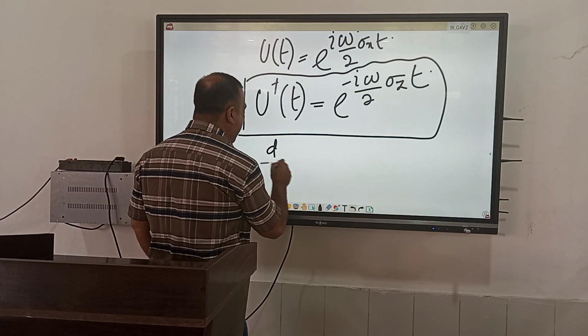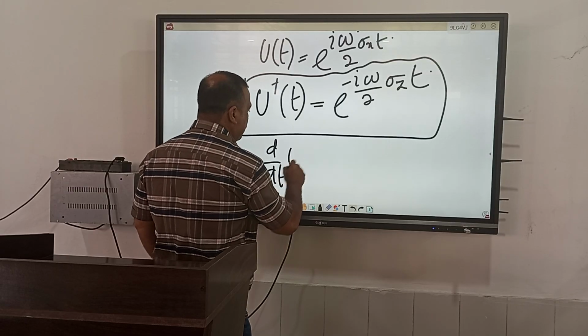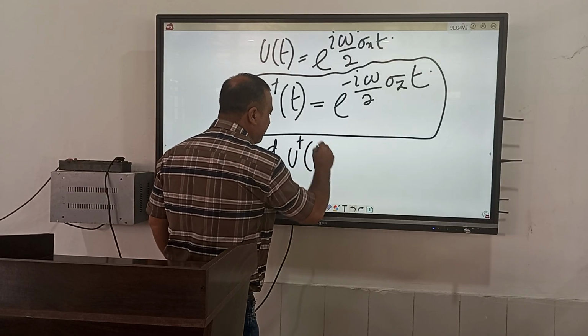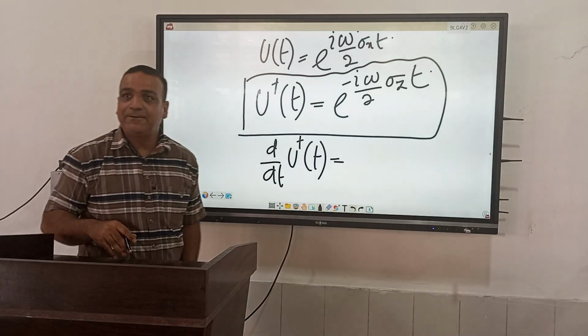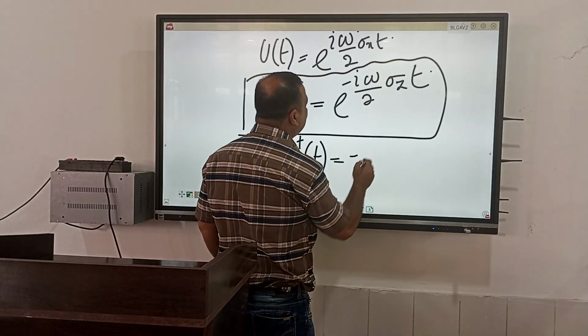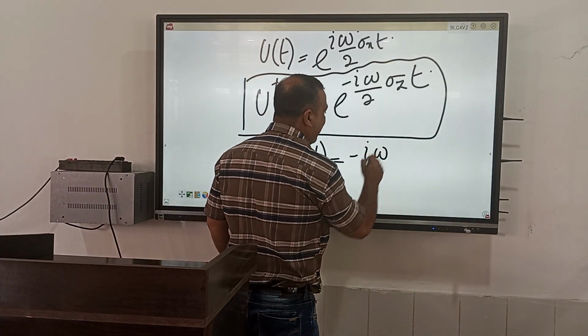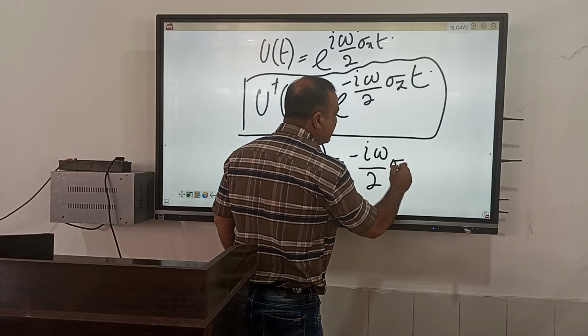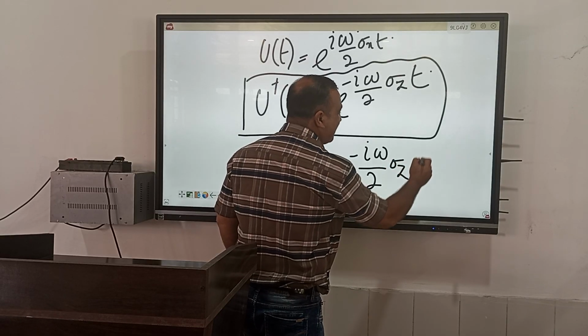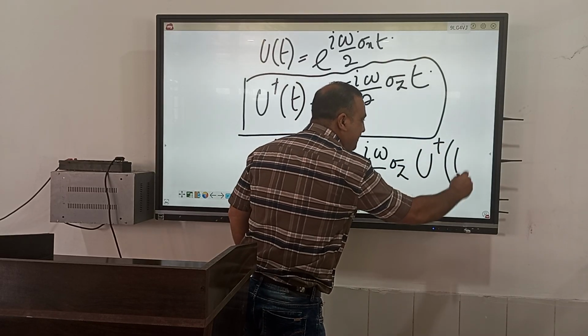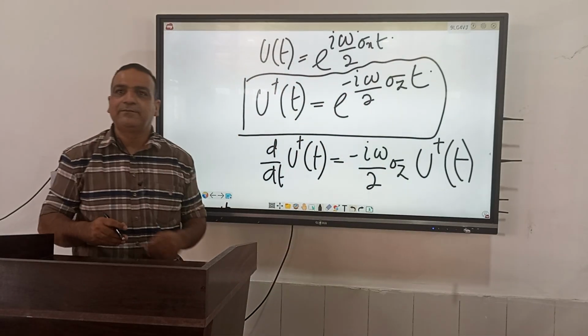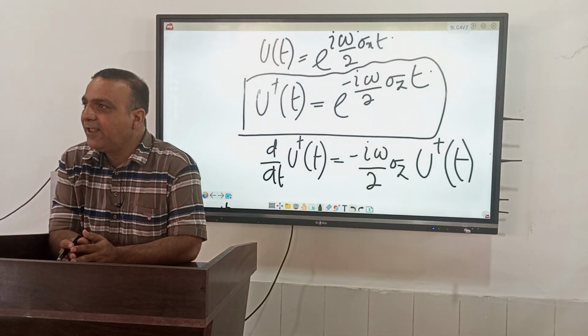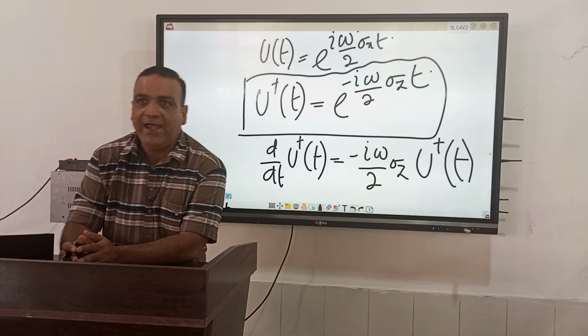That will be d by dt of U dagger of t. What will it give us? It will give us minus i omega by 2 sigma z, and U dagger of t. That's it. This is what you will get from here.